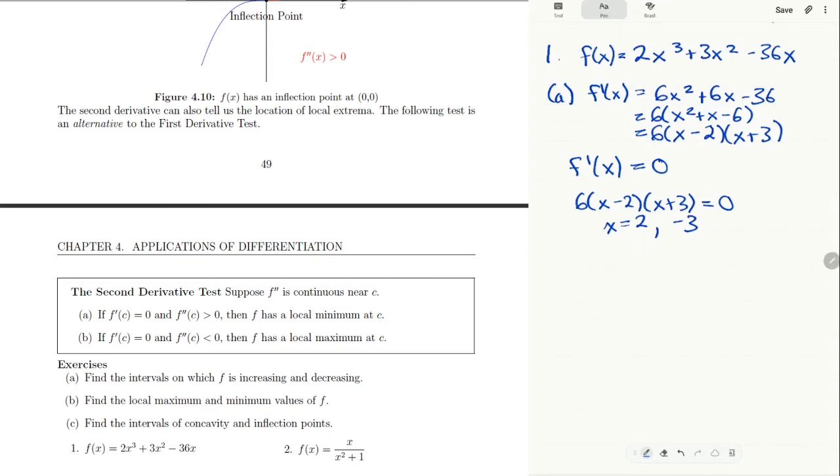So now we'll use a number line to test the sign of the first derivative. So here we're using the first derivative test. So we will plot the critical numbers on the number line. So what we have are negative 3 and positive 2.